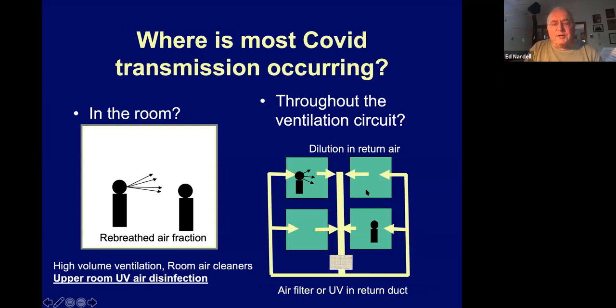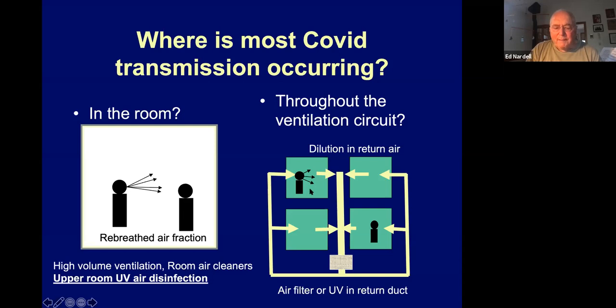Where is transmission occurring? And I made this point earlier for those who just joined. I believe it's as in the Hamilton play, it's in the room where it's happening that really matters. And so you have a source of aerosol in the room and you have people breathing in that air, I'm not terribly comforted that when the air leaves the room to go into the ventilation system, we put in a filter that stops it later on.